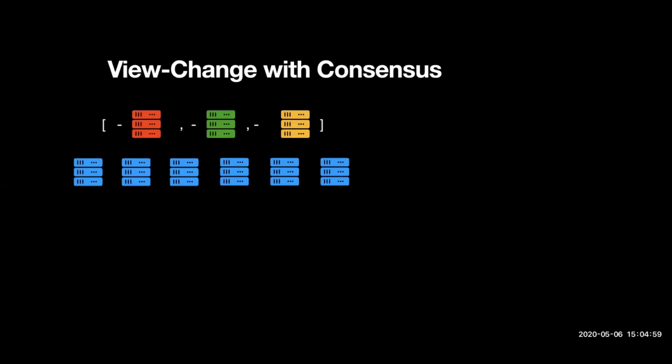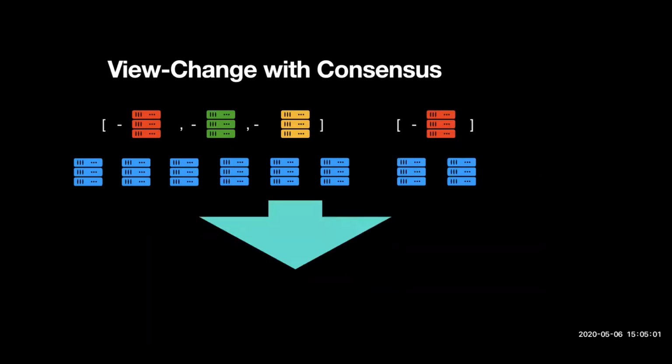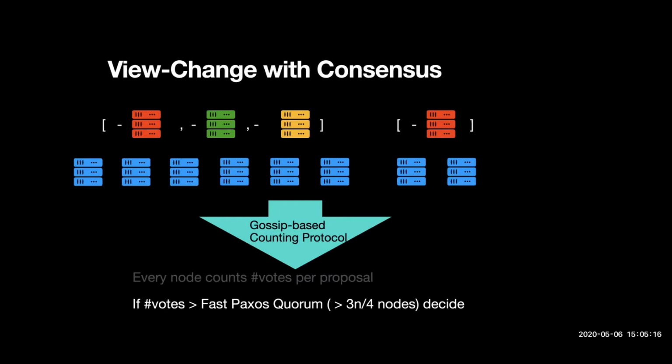All of these cuts are sent to other processes using a gossip-based counting protocol. So the number of votes are counted for each cut. And if the number of votes goes beyond 3/4 of the total cluster size, then we decide that cut. So that's a complete overview of how Rapid operates.